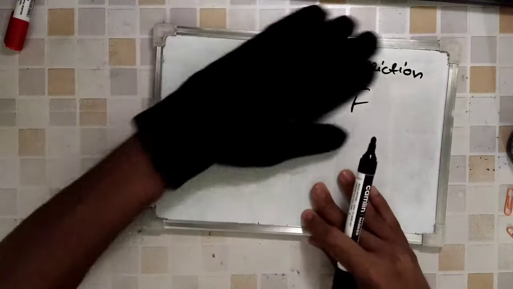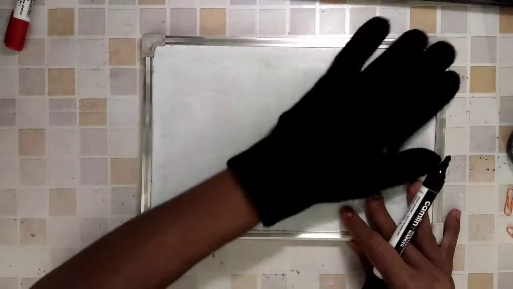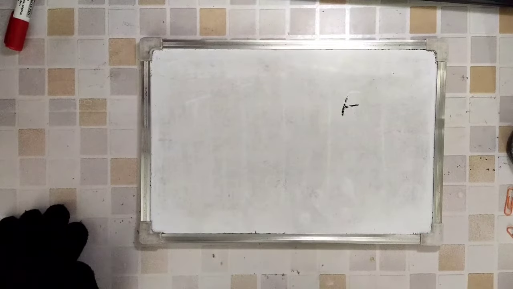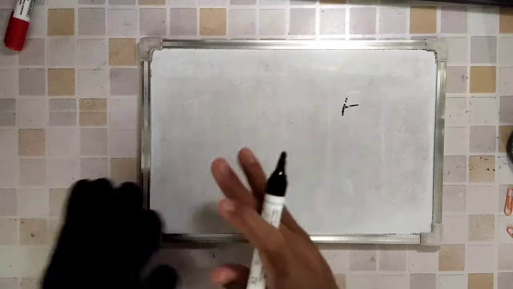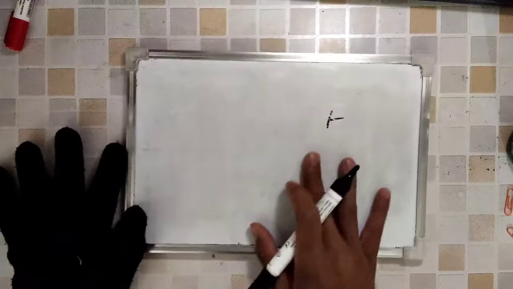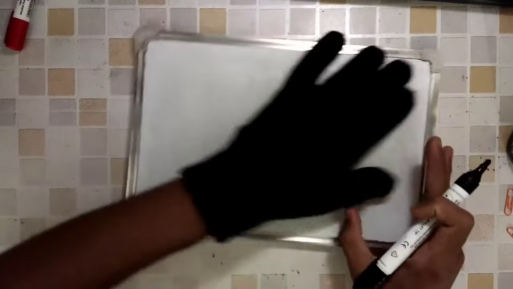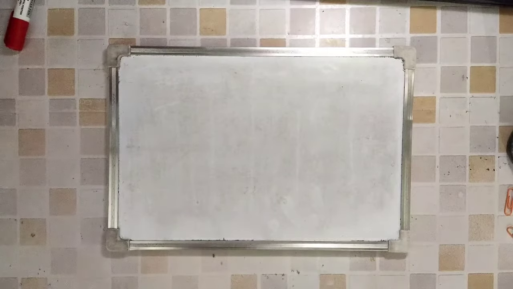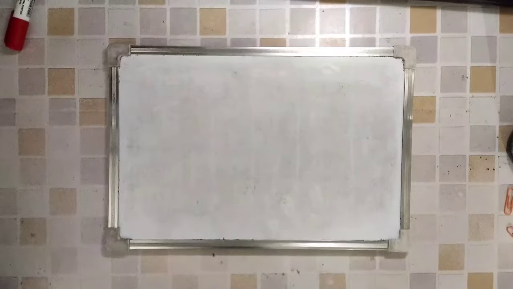They will ask about all these things, and they might also give a problem and ask us to write the negation of this, or write the symbol in clear English. These kinds of things can be asked from this topic.